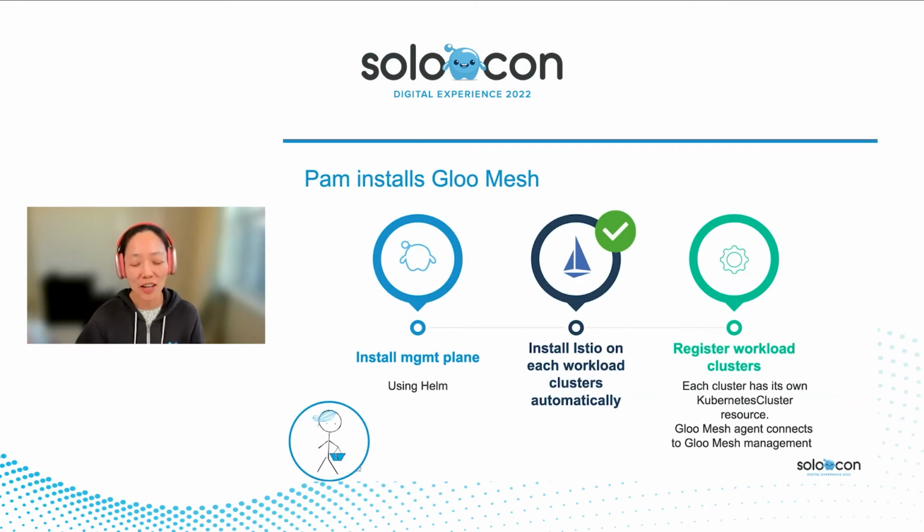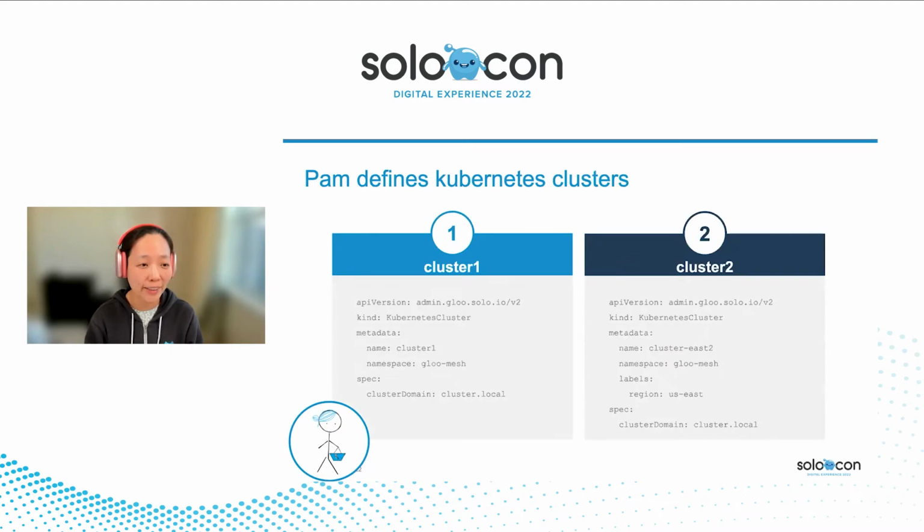And then she can start to register her Kubernetes cluster as the workload cluster by installing the Gloo Mesh agent, and also deploy the Kubernetes cluster resource. Under the covers, Gloo Mesh has the capability to install Istio on each of these workload clusters automatically for her, so she doesn't have to worry about that.